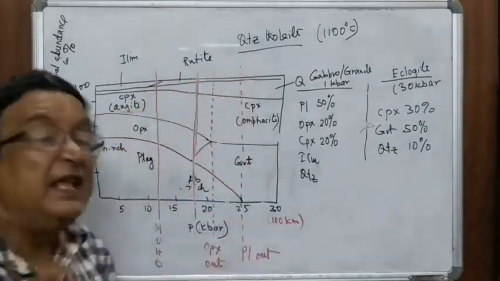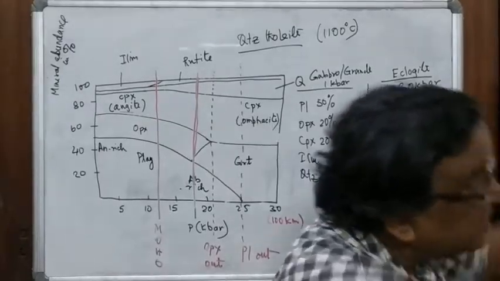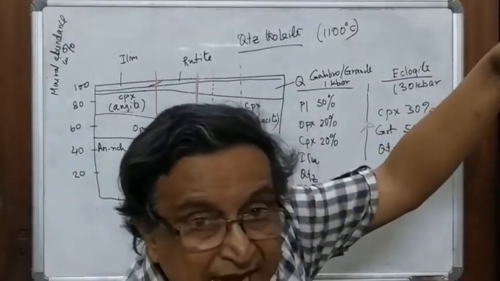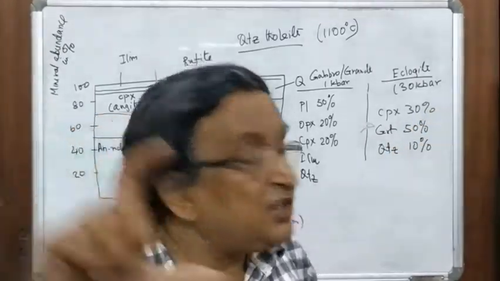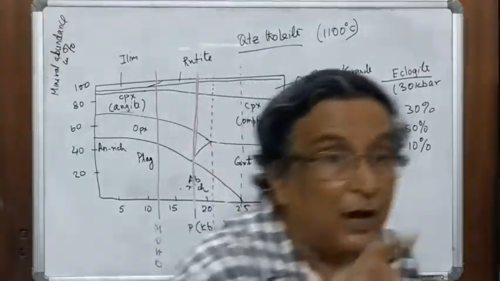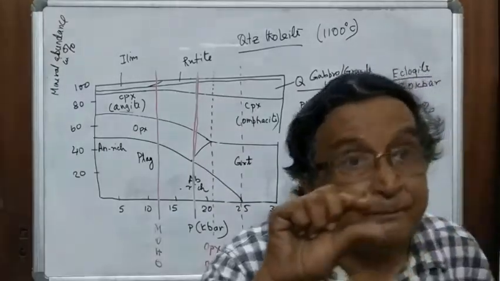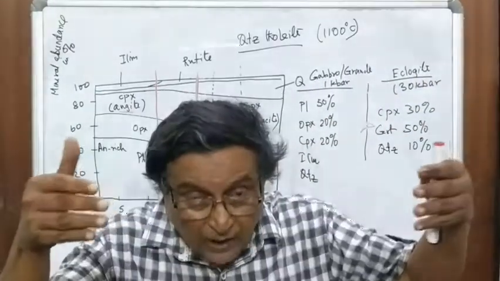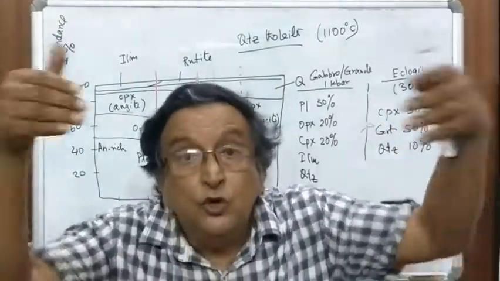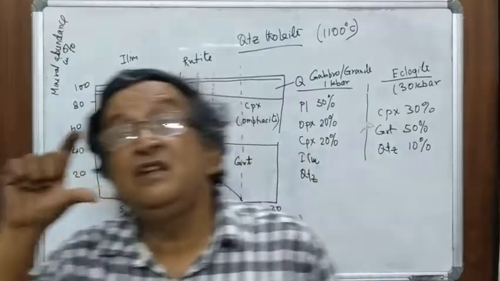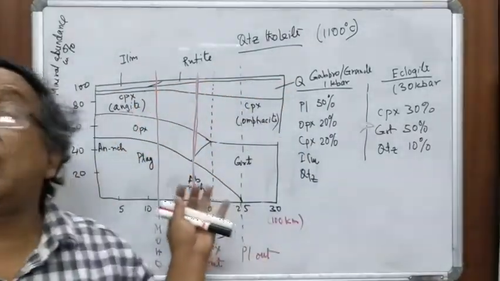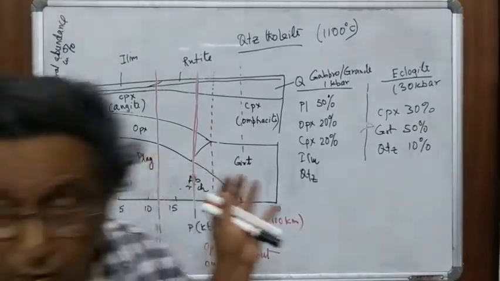That means if there was a gabbro at the top and eclogitic mantle below, then this transition would have required 5 kilobars, meaning about 18 kilometers depth would be required for the transition from granulite gabbro to eclogite. 15 kilometers for a quartz tholeiite, which is a very common rock in the ocean floor.